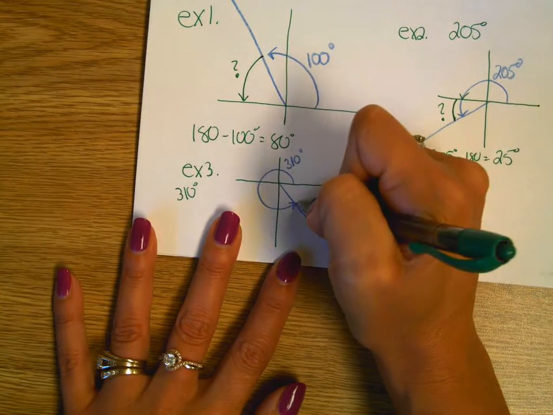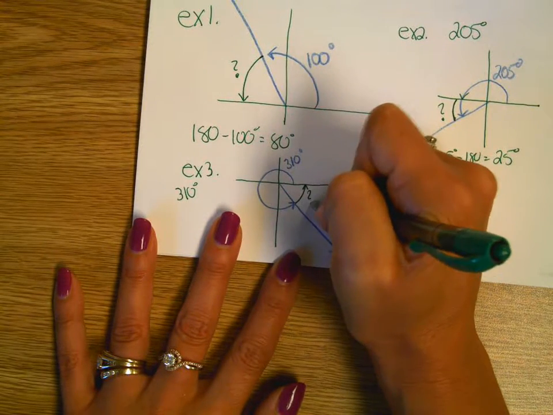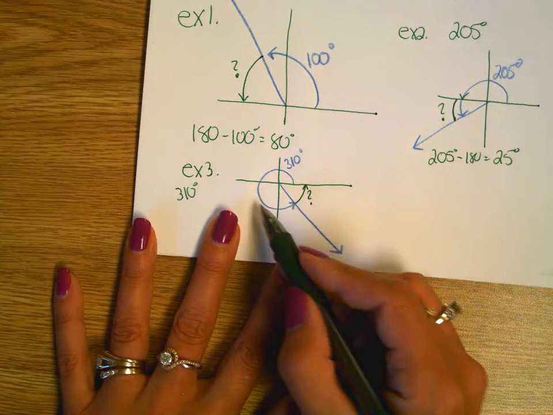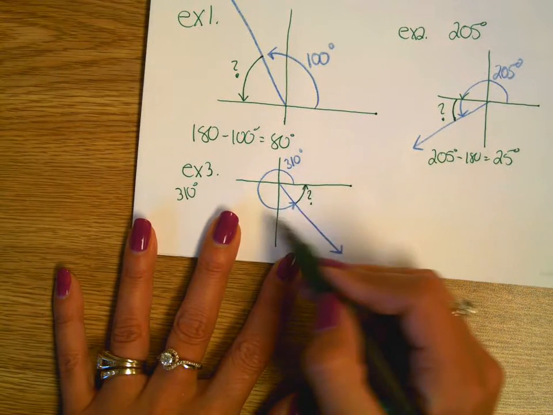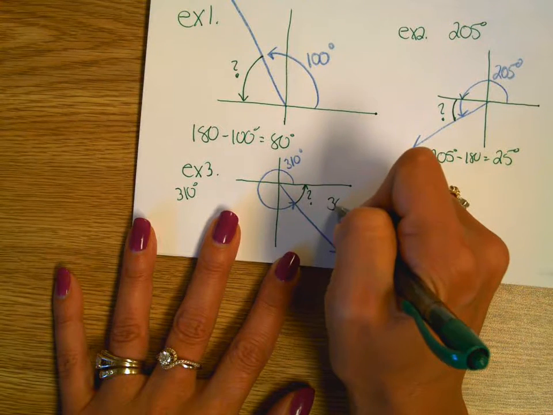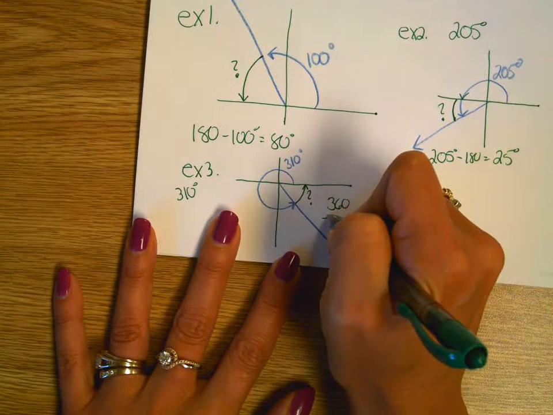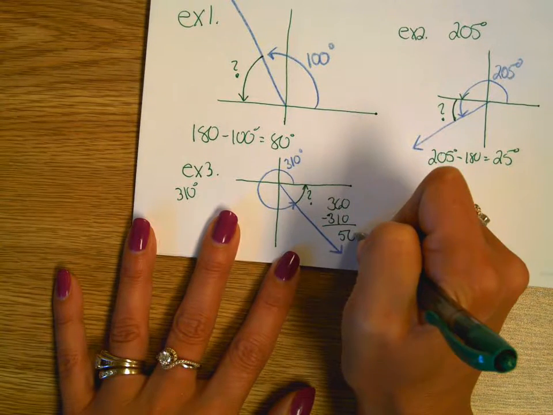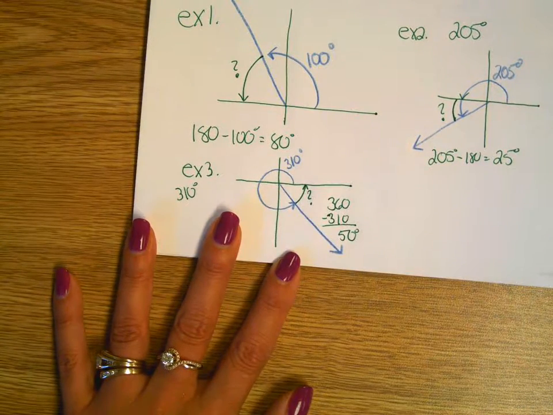So we are looking for that to be our reference angle. How do we figure that amount out? 360, because that's a complete circle, so we go 360 minus the rotation of 310 to see what's left. 50 degree reference angle.